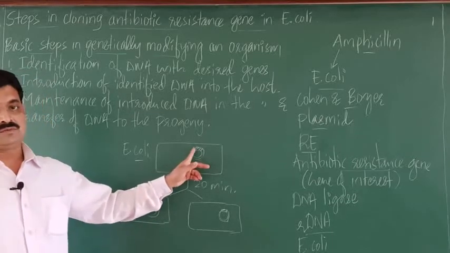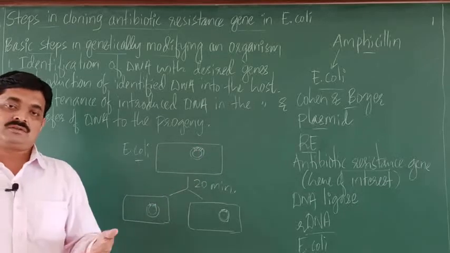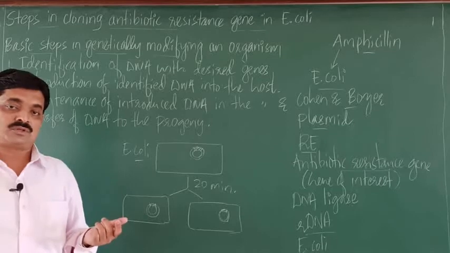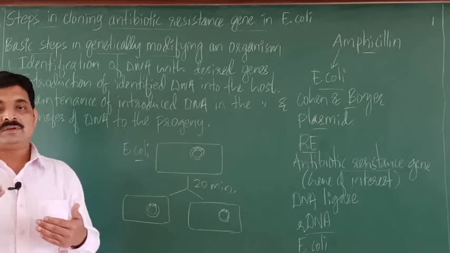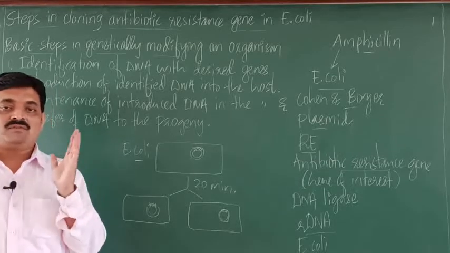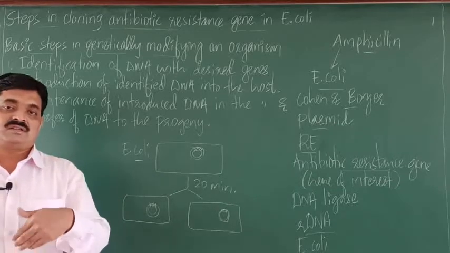So the gene of interest which is present in this recombinant DNA also undergoes replication. So 4 copies of desired gene are produced. Again, when these E. coli cells divide, the number of desired genes increase. So 4 genes produce 8, 8 produce 16, 16 produce 32.